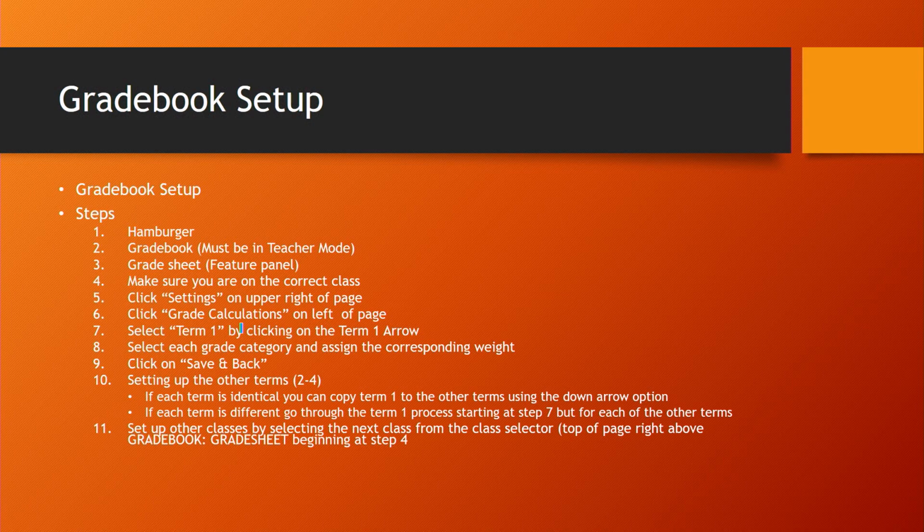Notice that we were able to set up the other terms identical to term 1. And then after that, I showed you how you could copy that one class to other classes. So that does our whole initial setup of categories and weights for each of the terms for each of our classes.